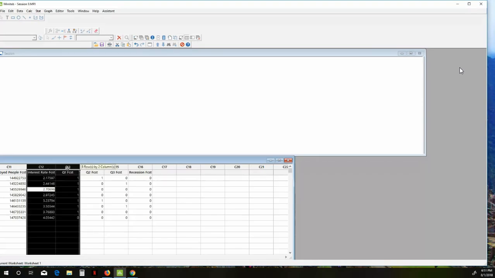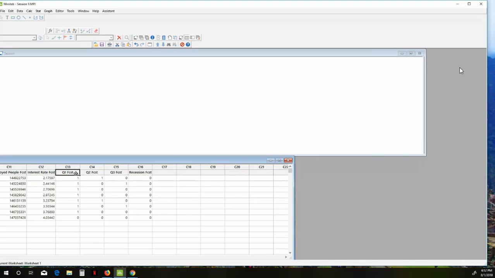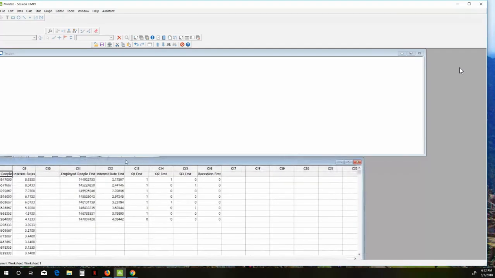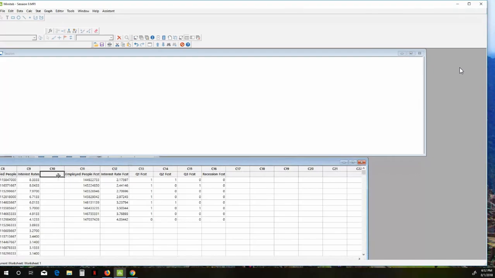Just put the dates in so we don't get anything confused here. Let me slide this over so you can see. Just put the dates. Tie it to the forecast dates. Okay. This is 3/31/2018.